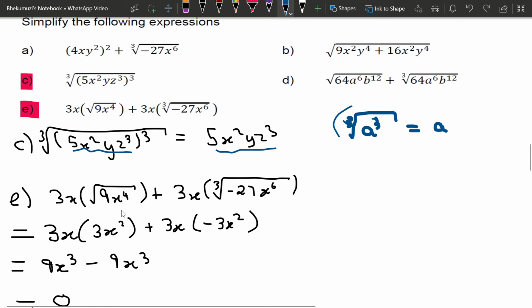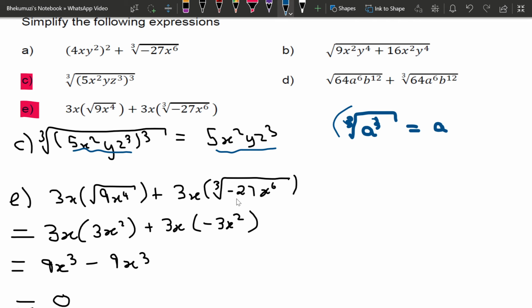And in this case, again, you have 3x multiplying the square root of 9x to the power 4, plus 3x multiplying the cube root of negative 27x to the power 6, right? Here you can see that 9 is actually 3 to the power 2, therefore it's 3, and with the 4, it takes out two exponents from x to the power 4 and you get x squared, right?